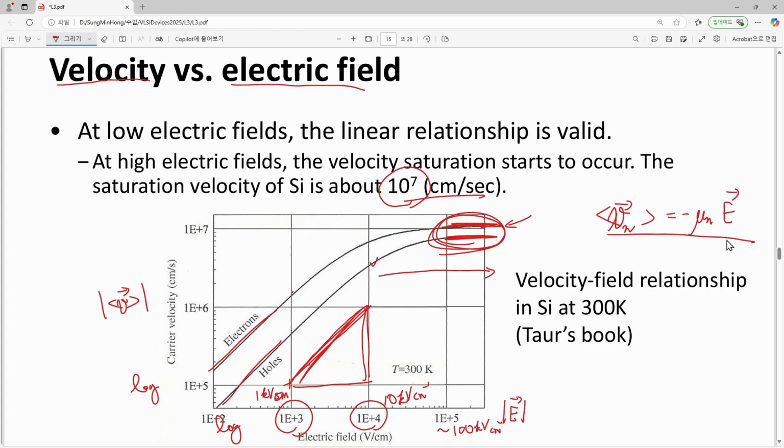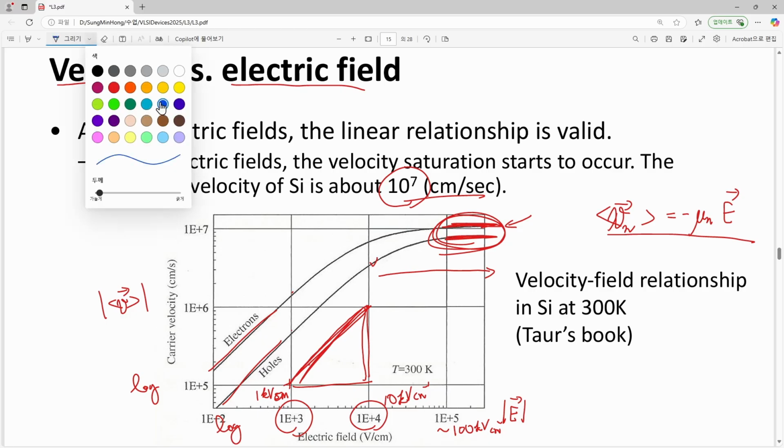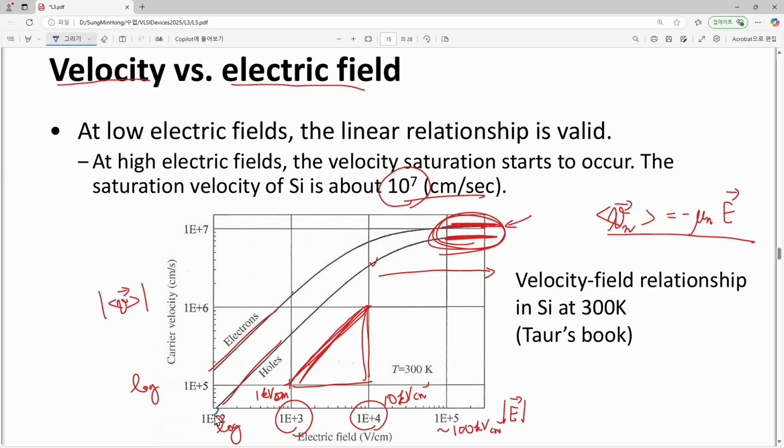This relation is still valid, but where is it valid? Yes, it is valid in this part. If we have a high mobility material, then what will happen? For example, if we have 10 times higher electron mobility, then in this graph our electron mobility line will just move that way.